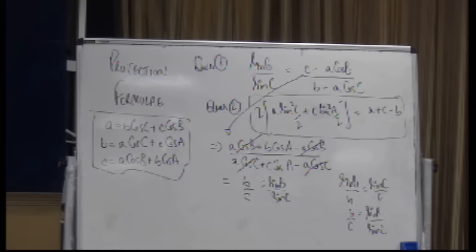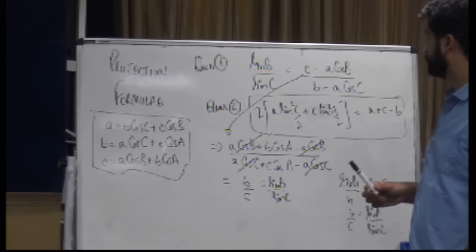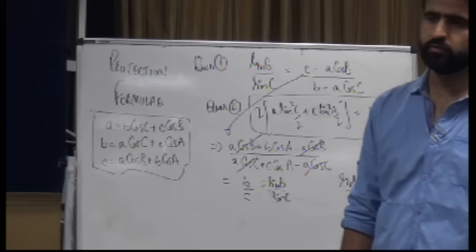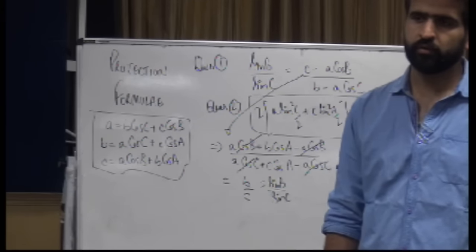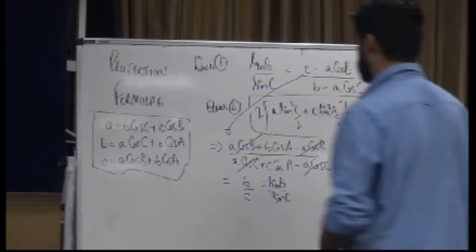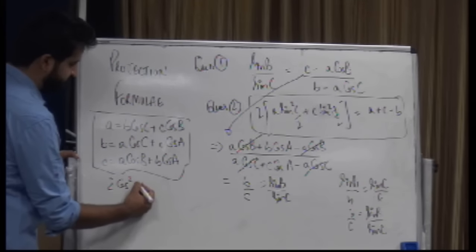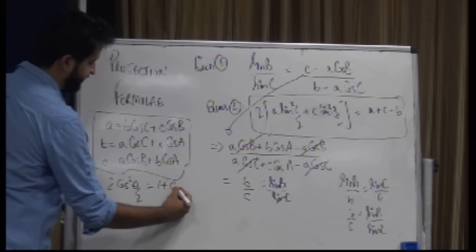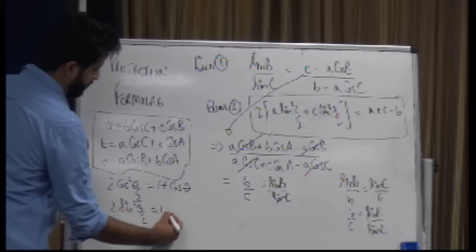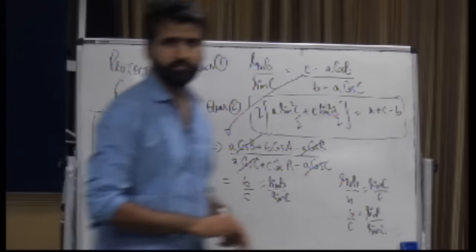So in this case also you need to know the trigonometry, the simple formulae. Sine square theta in terms of 2 theta: 2 sine square theta is 1 minus cos 2 theta and 2 cos square theta is 1 plus cos 2 theta. So if you have half angles, you have 2 cos square theta by 2 is equal to 1 plus cos theta and 2 sine square theta by 2 is 1 minus cos theta.